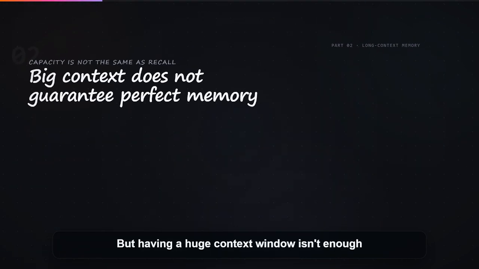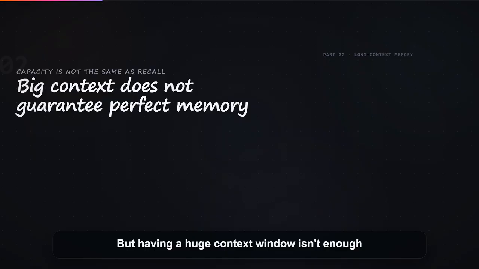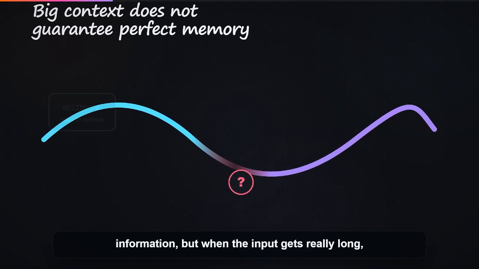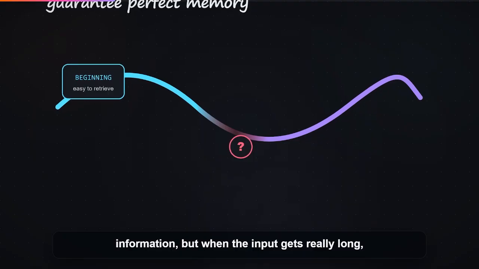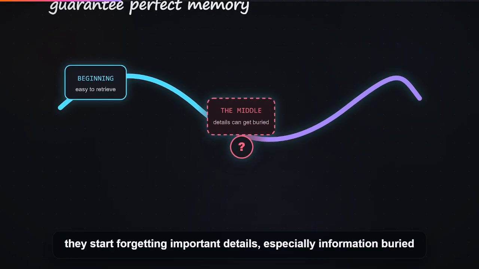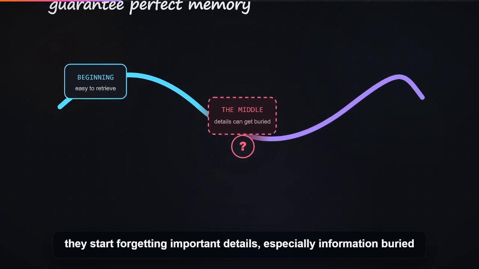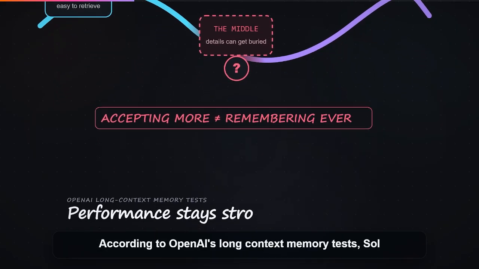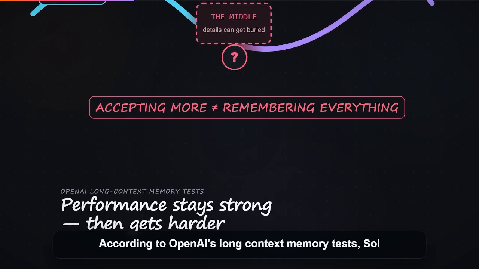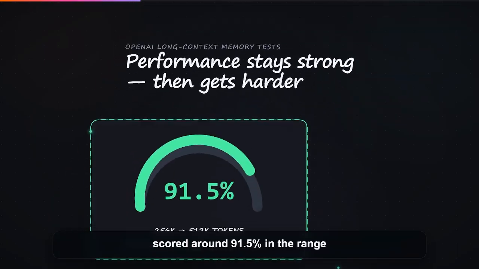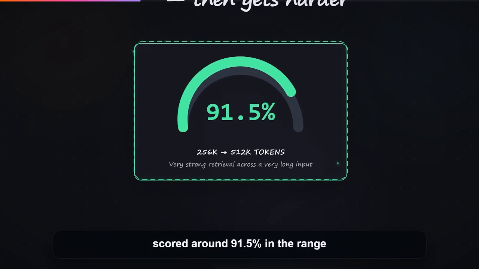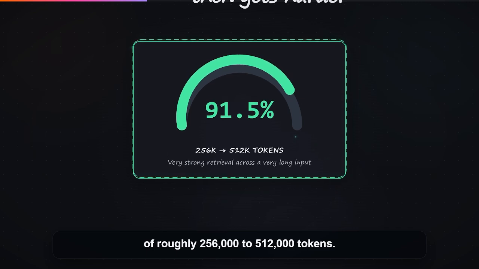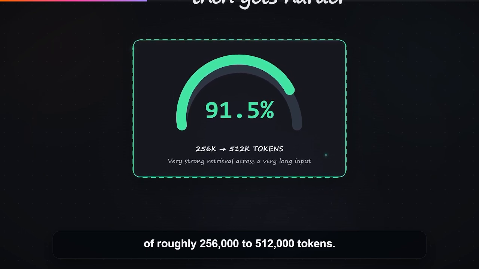But having a huge context window isn't enough by itself. Some AI models can accept a lot of information, but when the input gets really long, they start forgetting important details, especially information buried somewhere in the middle. According to OpenAI's long context memory tests, Sol scored around 91.5% in the range of roughly 256,000 to 512,000 tokens.